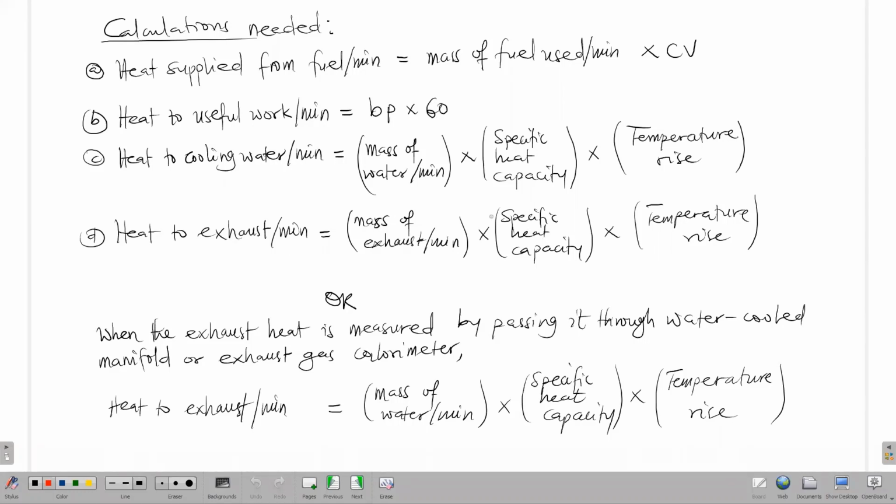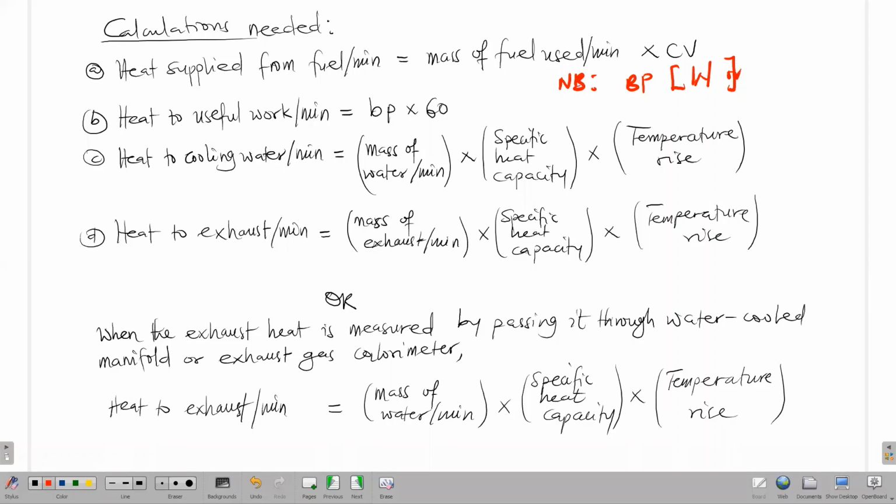Now, if you want to know the work that is being done by the engine per minute, then we should be able to multiply the brake power by 60. Remember that the brake power is expressed in watts, which is basically for power, so it's joules per second.